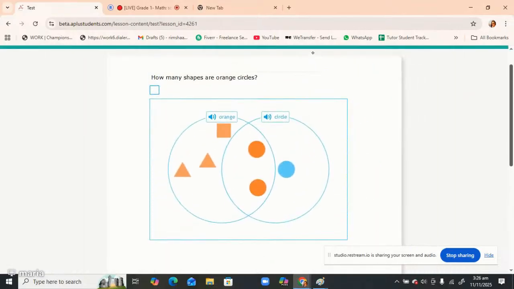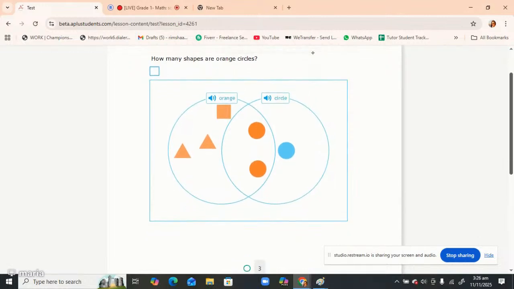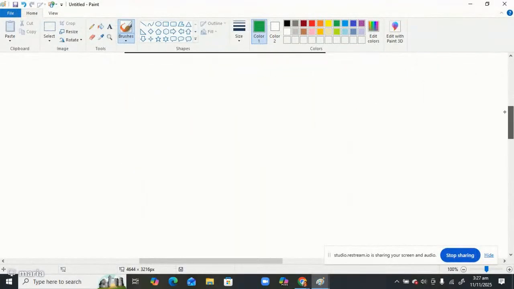Okay, how many shapes are orange circles? Look, they are not saying how many shapes are orange. They are saying how many shapes are orange, but also circles. Okay, sometimes the question is like this way.